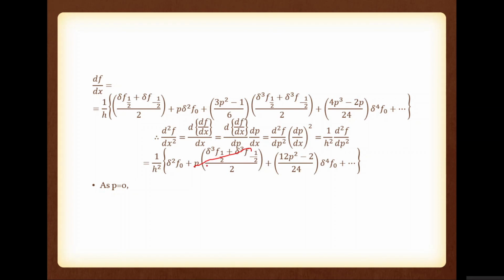Now this 12p square term will become 0, so we have minus 2 by 24, that is minus 1 by 12 delta raised to 4 f0. Right? So as p equal to 0, d square f by dx square is equal to 1 by h square into delta square f0 minus 1 by 12 into delta raised to 4 f0. Please note down that equation.